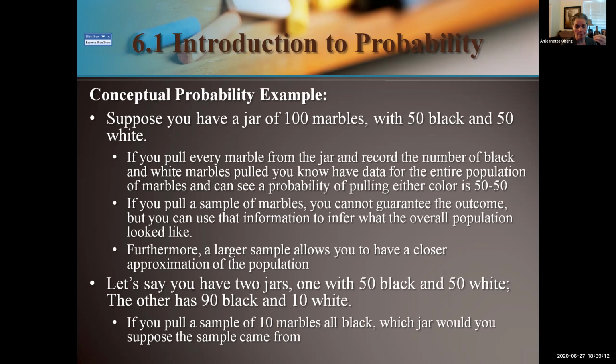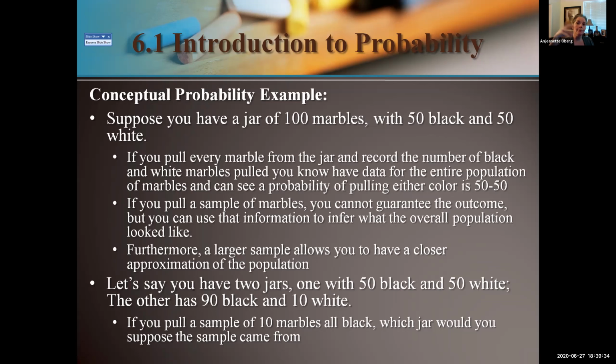So let's say the jar has 90 black marbles and only 10 white marbles. Well, when I go to pull a marble, there's a 90% chance it's going to be black, and only a 10% chance it's going to be white. Why? Because I know the makeup of the jar itself.